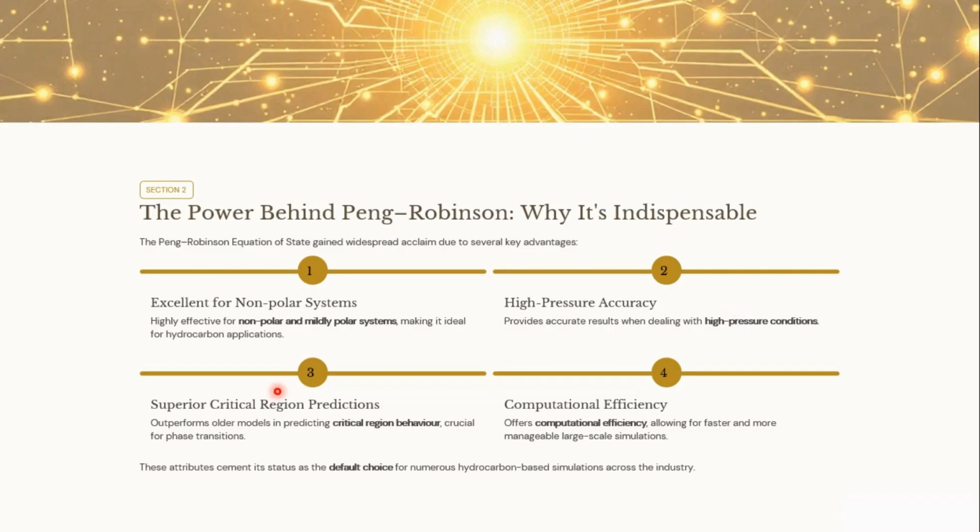Number three, superior critical range predictions, it outperforms older models in predicting the critical region behavior, crucial for phase transitions. Number four, computational efficiency, allowing for faster and more manageable large-scale simulations.